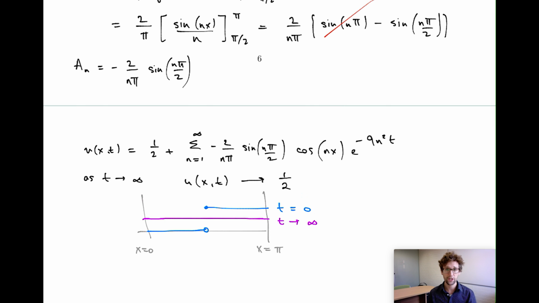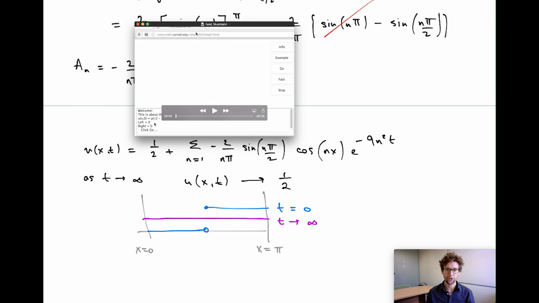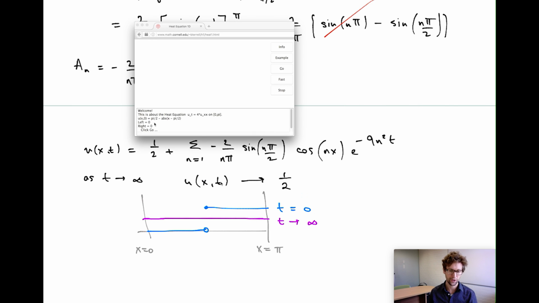So it's interesting to look at an animation of solutions to the heat equation with these insulated endpoints, or adiabatic boundary conditions. I'm going to play you a little movie here of a solution to the heat equation where I'm going to put in an initial temperature distribution that's a sort of a spike, a triangle with a bunch of heat in the middle, but I'm going to demand that the heat can't escape out of the sides.